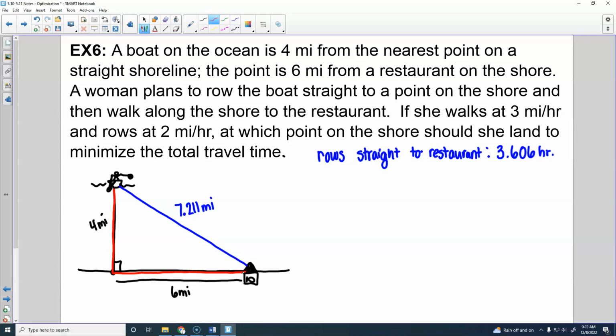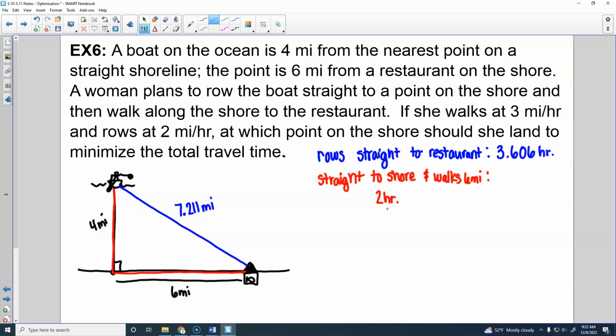So, if she goes straight to shore and walks 6 miles, she has 4 miles to go to get to shore, so it's going to take her 2 hours to get to shore, right? 4 divided by 2 gives us 2 hours.